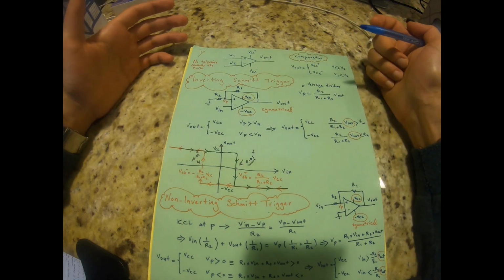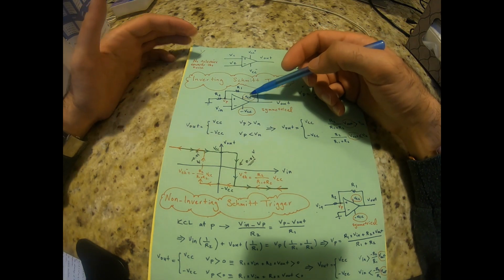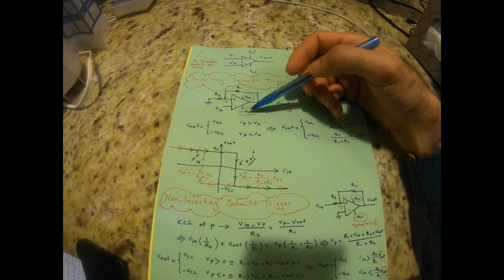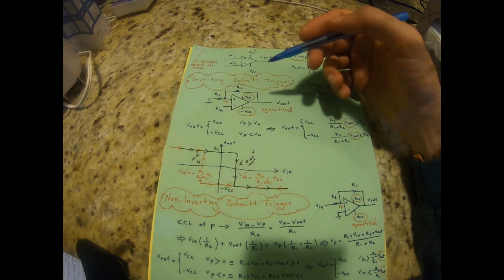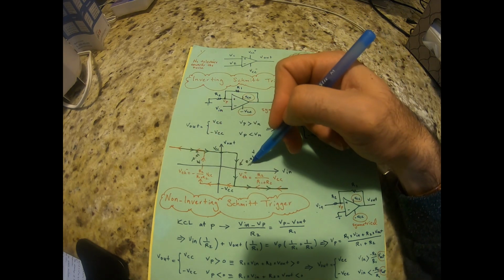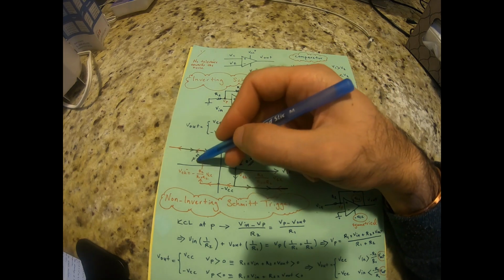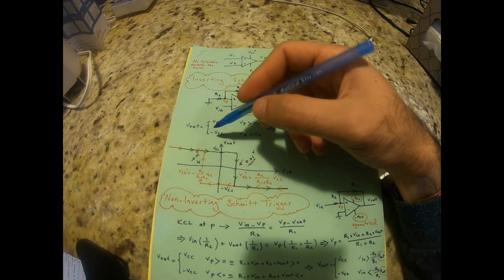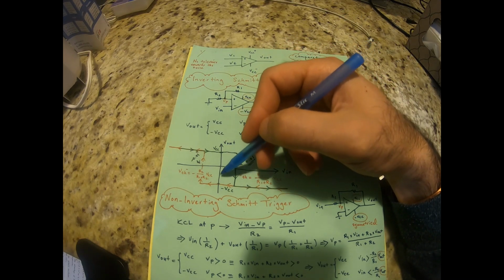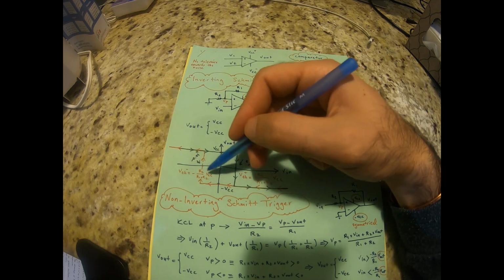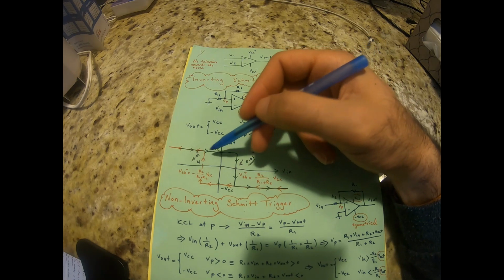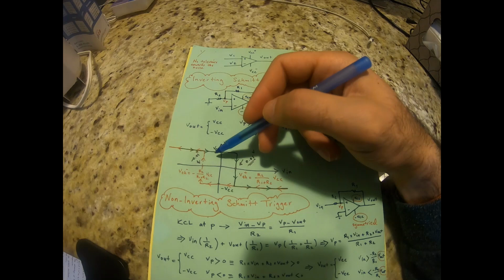So if that's the case, if your positive and negative power supply have the same absolute value, and you are asked to design a circuit that has this much tolerance, for example 0.01 volt or negative 0.01 volt, it means that for any change happening within the range between negative 0.01 up to positive 0.01, the output is not going to change, right?